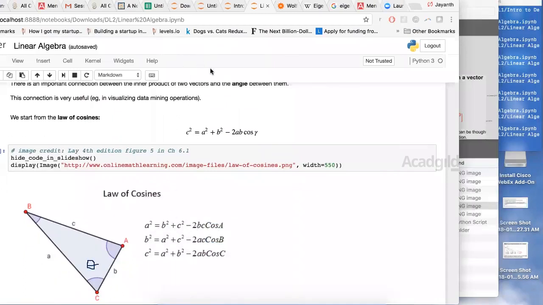Not so useful to derive it, but important to recall. So cos C, the theta that I mentioned, is A square plus B square minus C square divided by 2AB. That's all.